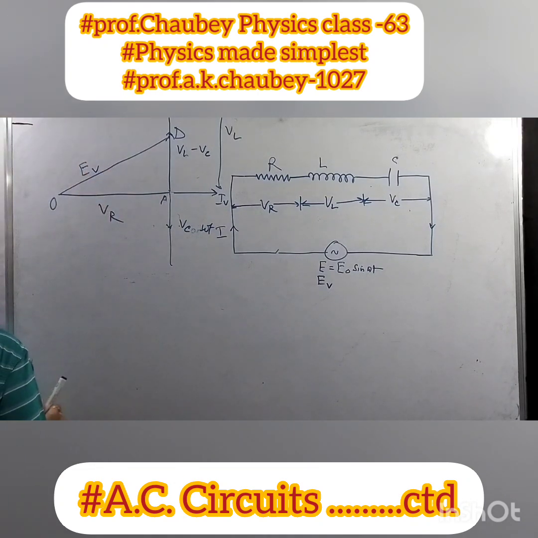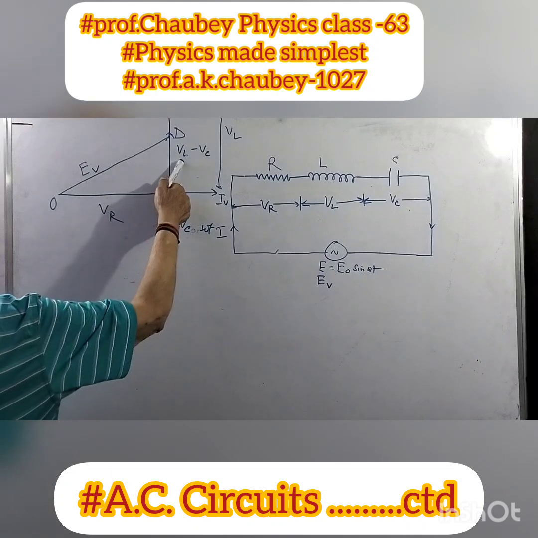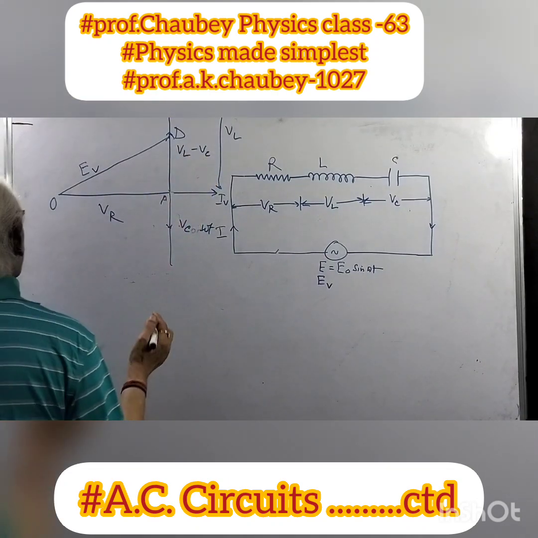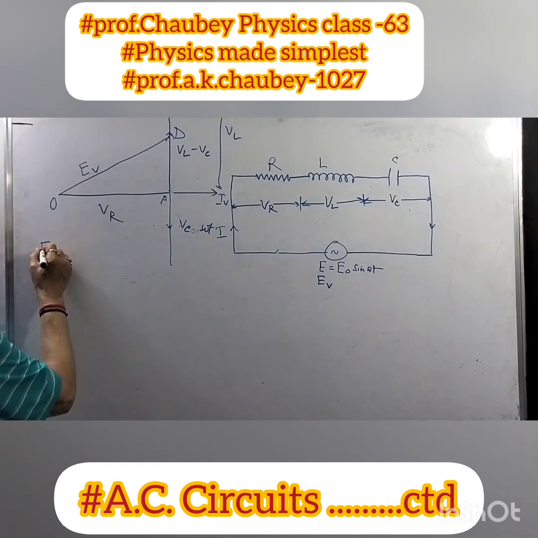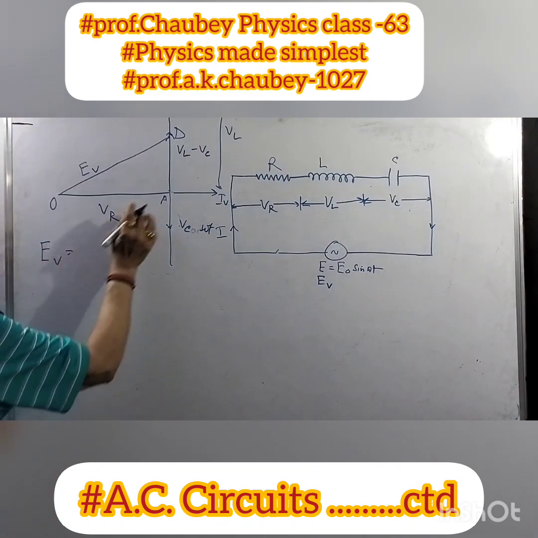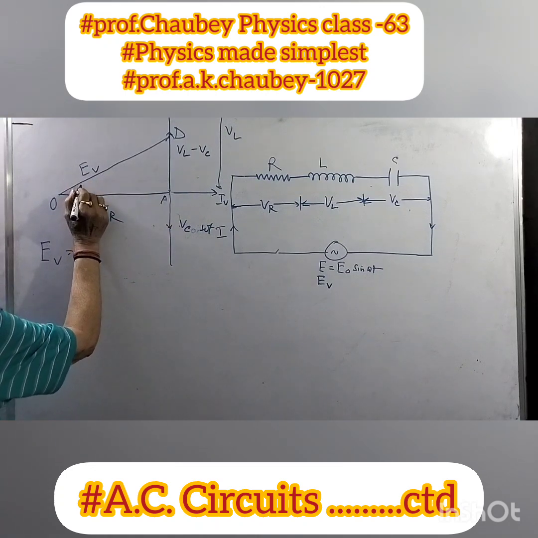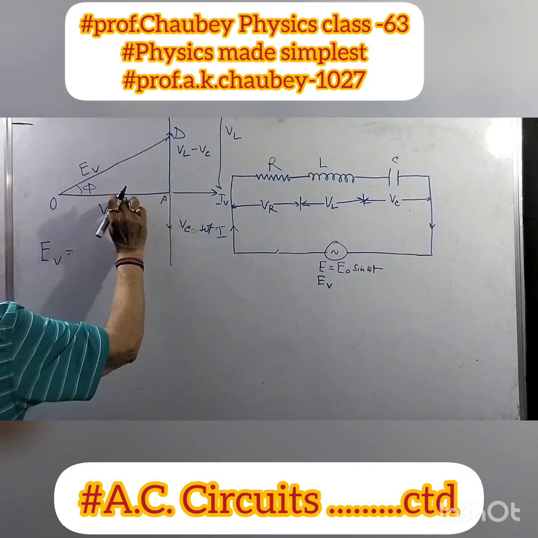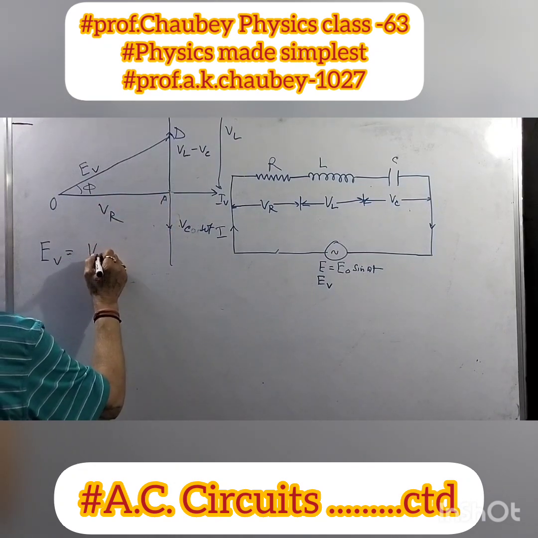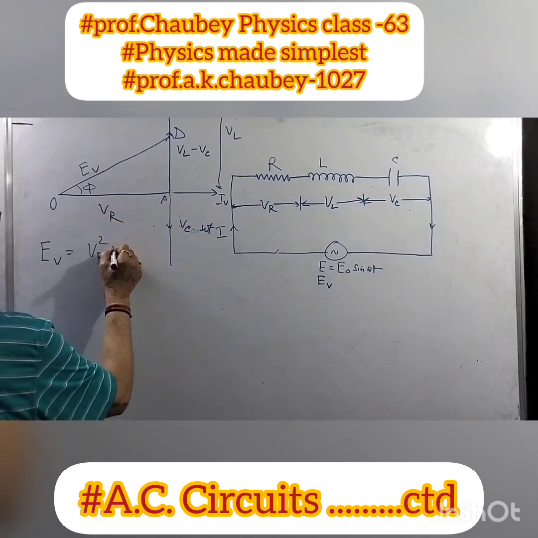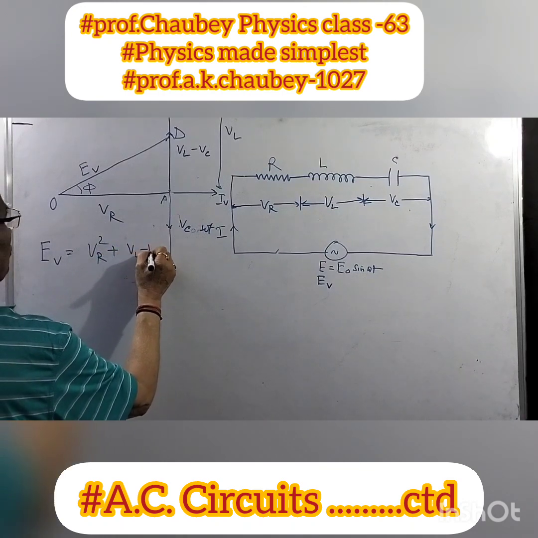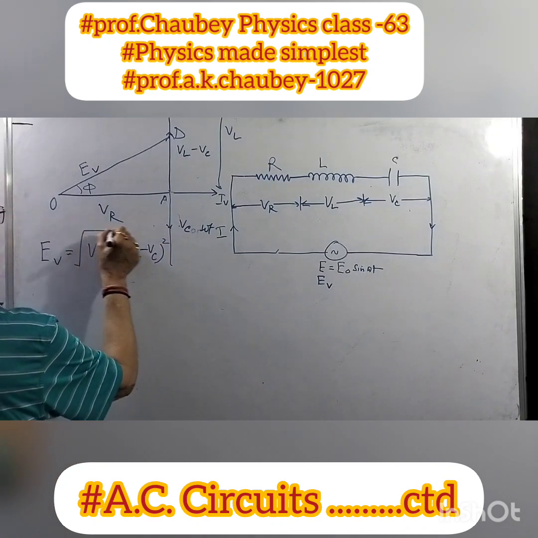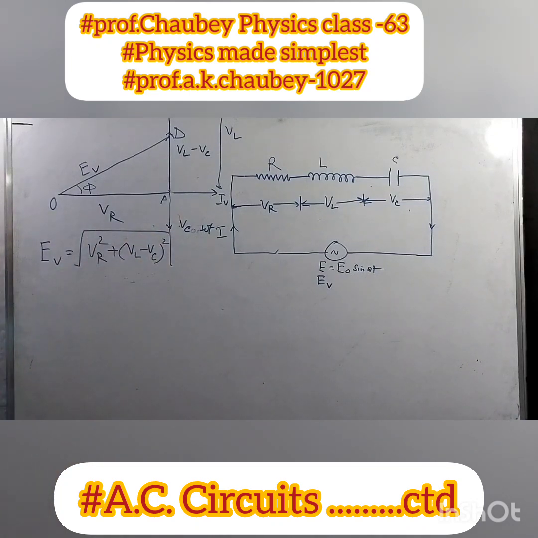EV, the RMS value, is now depending on VL minus VC or VC minus VL. So EV is now a vector sum, because this is 0 degree here, but these two are 90 degrees here. So EV is the square root of VR square plus VL minus VC square. This gives the value of EV.